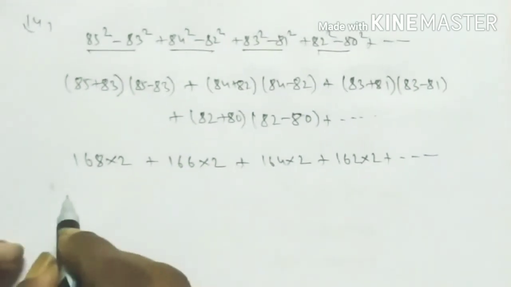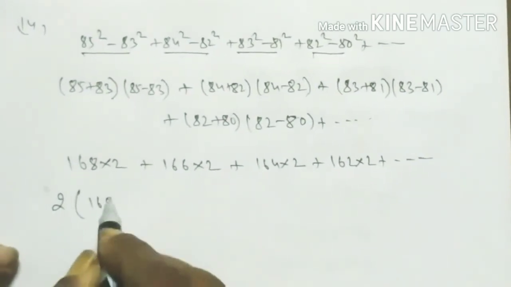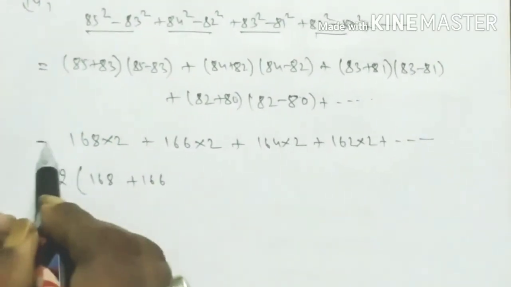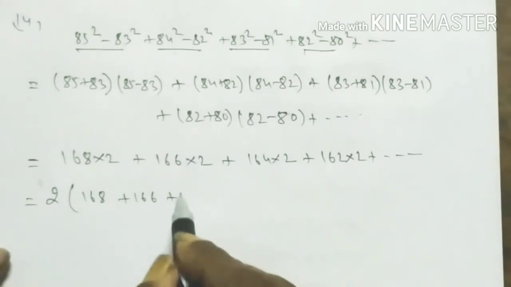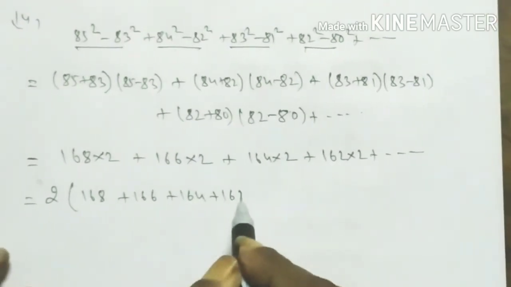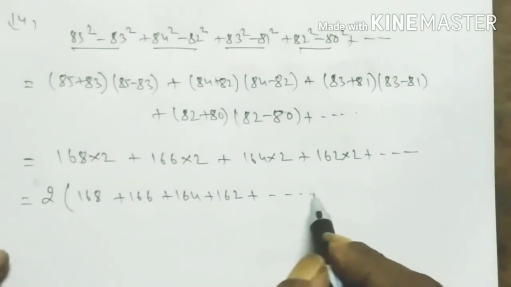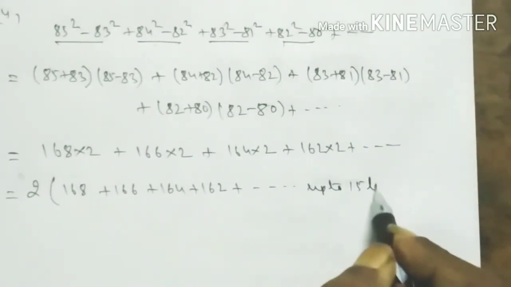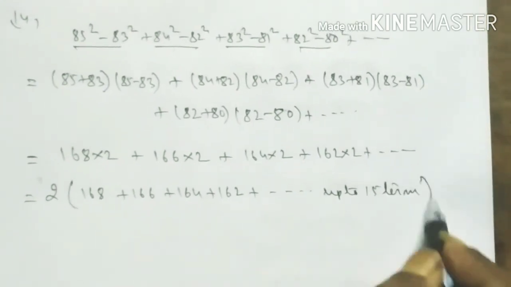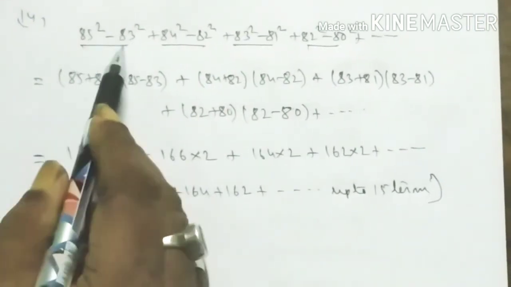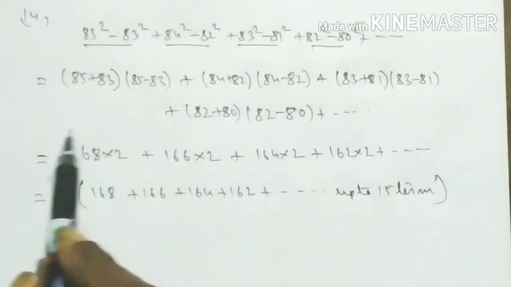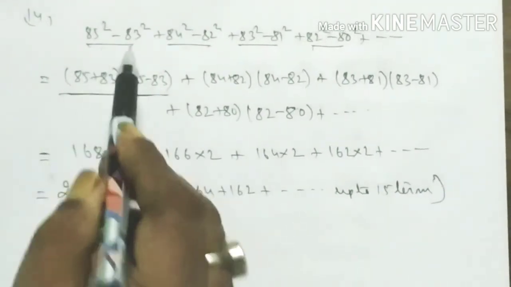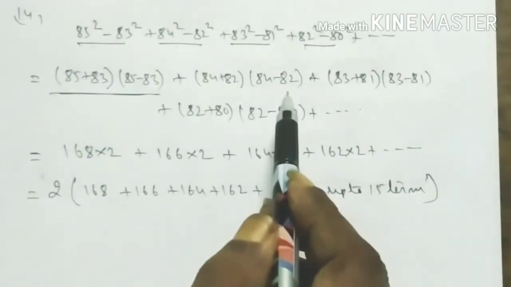Now I am making 2 common. So 2 times (168 plus 166 plus 164 plus 162 plus and so on) up to 15 terms, because here you see every two terms are made into a single term.